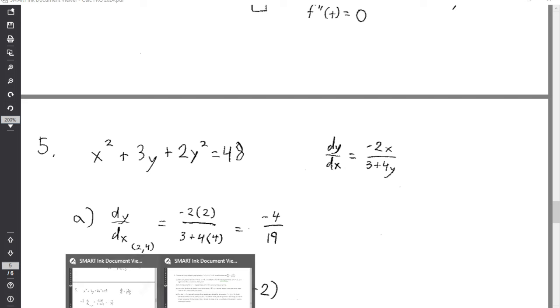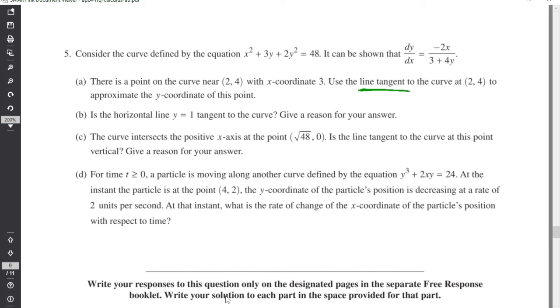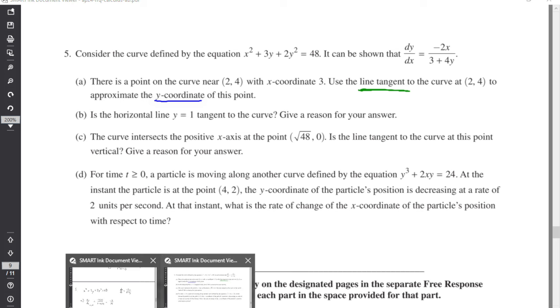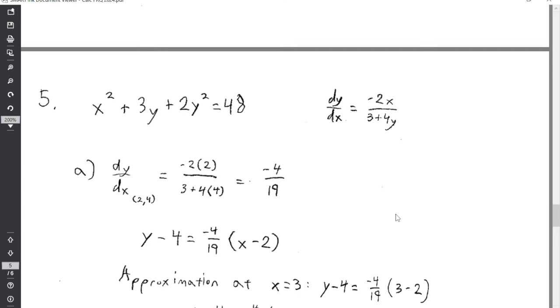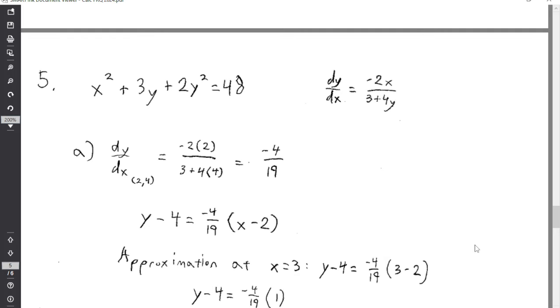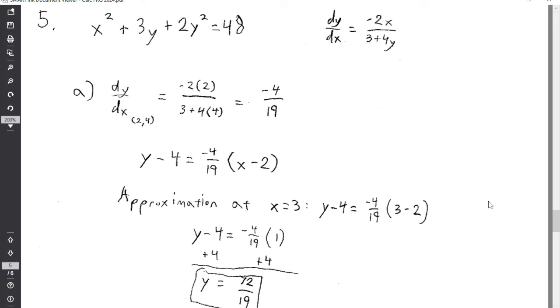Now we can use that tangent line to approximate the y coordinate. So when x is 3, what is y approximately going to be? So let's plug in 3 for x, and we get that our approximation for y is 72/19.